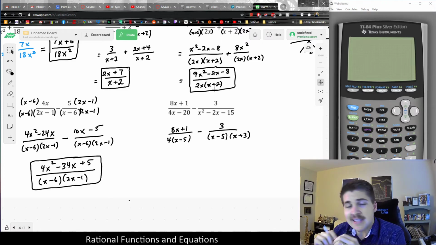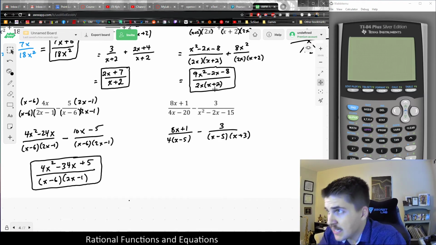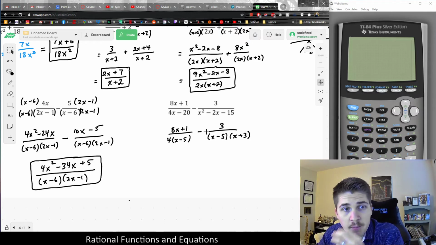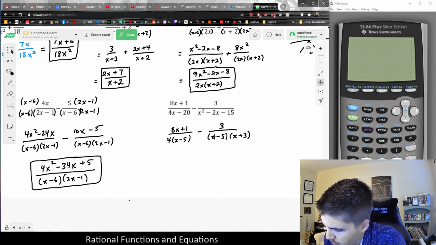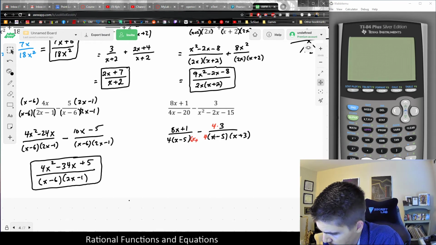So examining these two denominators, they share a common factor of x minus 5. So if I'm trying to match them up, I don't need to reuse the x minus 5 because that's already common. But what's not common is x plus 3 and 4. So like I said before, I would just match them by multiplying this one by the missing 4, and I can multiply this one by the missing x plus 3.